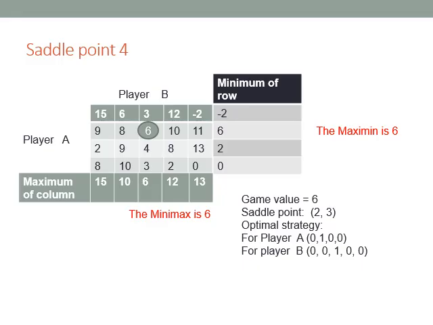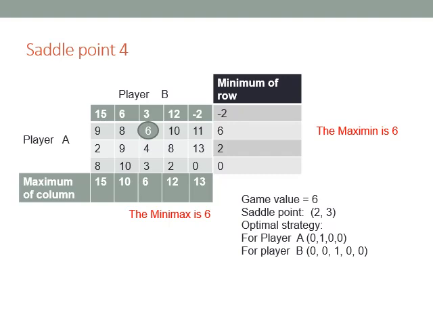While the maximum of columns are 9, 10, 6, 10, and 13. 9 is more than 2, should be 15. 15 is more than 9, more than 2, more than 8. 10 is more than 9, more than 8, more than 6.